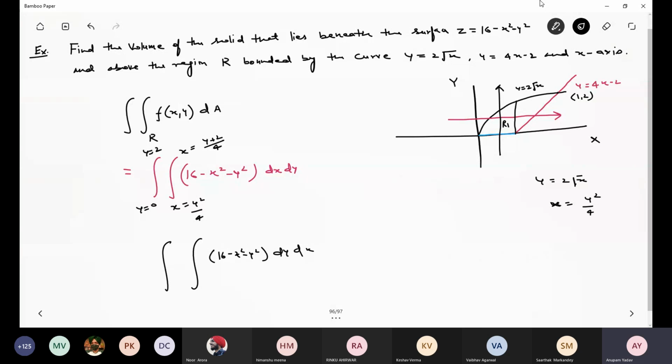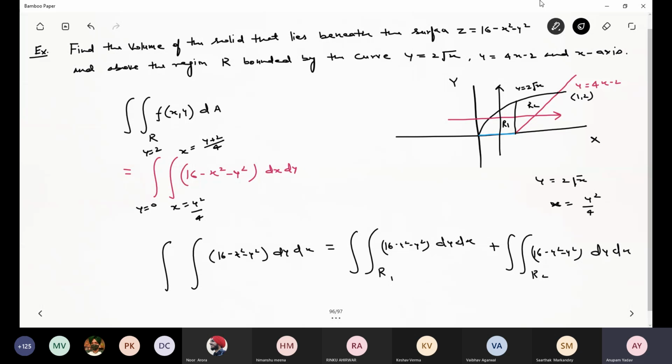Suppose this region is R1 and this region is R2. So I need to write the double integral first for the region R1, 16 minus x square minus y square dy dx, plus the double integral over the region R2, which is again 16 minus x square minus y square dy dx.